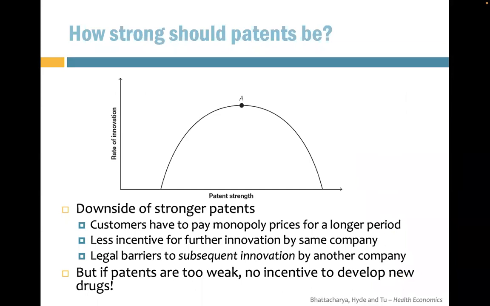In terms of the economics of patents, there is a trade-off between stronger and weaker patents. The downside of a strong patent is that customers will have to pay monopoly prices for a longer period. For example, 17 years is long for some drugs, but in some countries, maybe it takes 10 years.